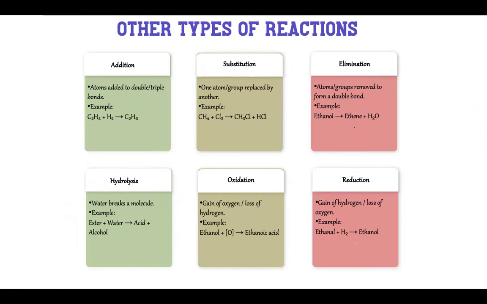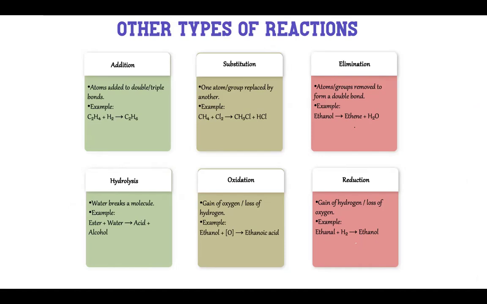Then other types of reactions in organic chemistry are addition, substitution, elimination, hydrolysis, oxidation, and reduction. Addition is where atoms are added to a double or triple bond, and substitution is where one atom or group is replaced by another.